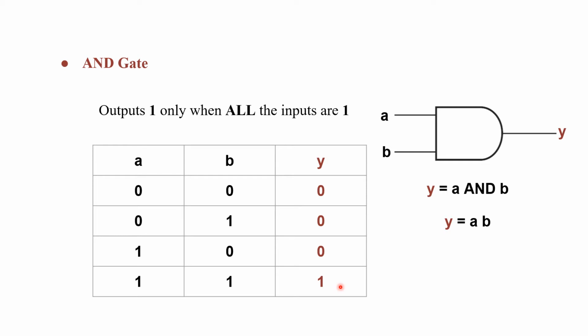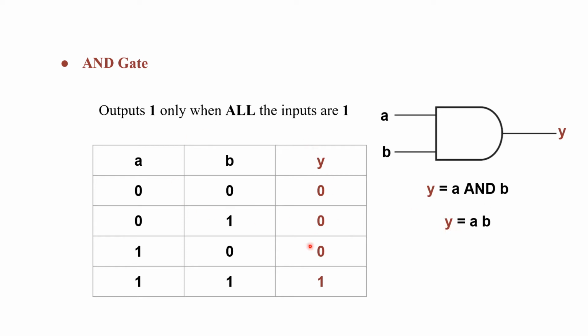We can express the AND gate as a circuit diagram through the symbol, or as a Boolean expression, such as Y is equal to A and B. You can spell out the word AND, or you can simplify it using Boolean algebra by removing the word AND. In math, this is equivalent to multiplication, but in Boolean algebra, this is called ANDing. So Y is equal to A and B. This is how you read it in digital logic.